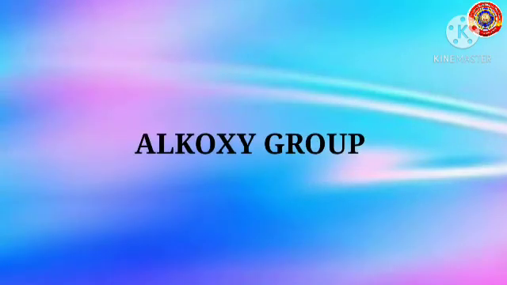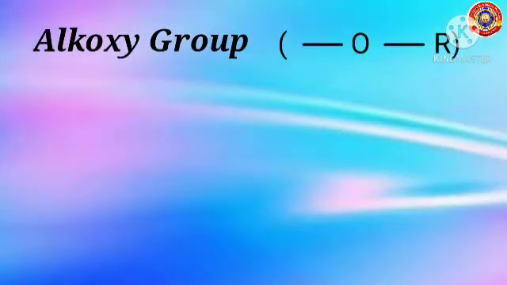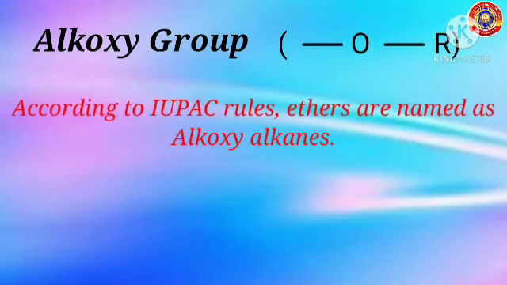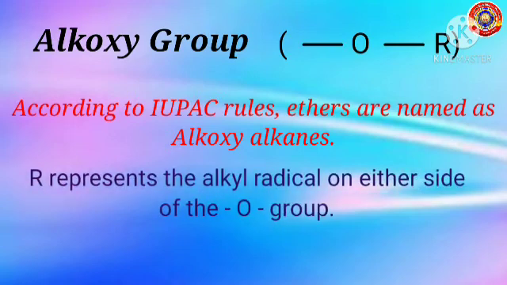And the last functional group is the alkoxy group. Ethers are compounds with an alkoxy group OR. According to IUPAC rules, ethers are named as alkoxy alkanes. The R represents the alkyl radical on either side of the O group.